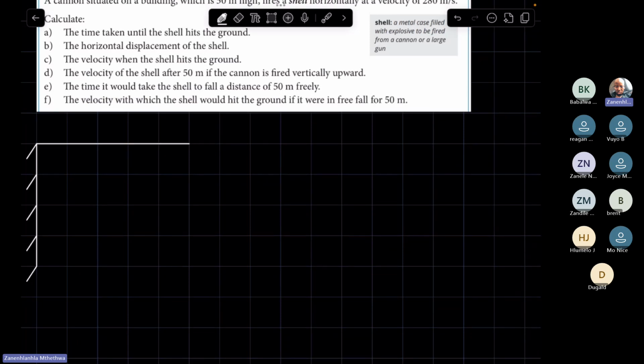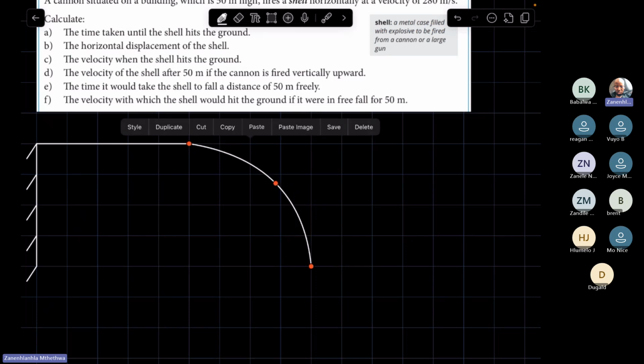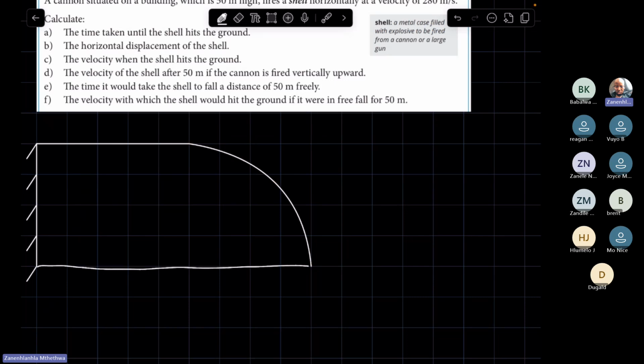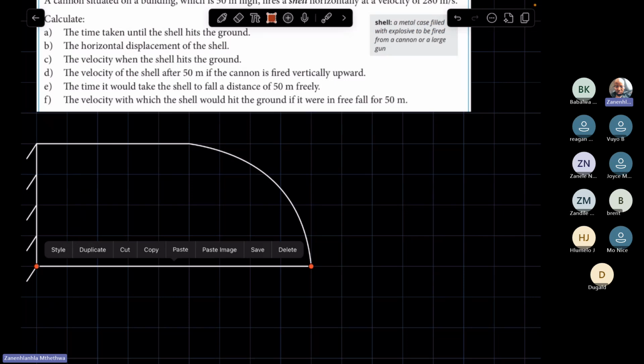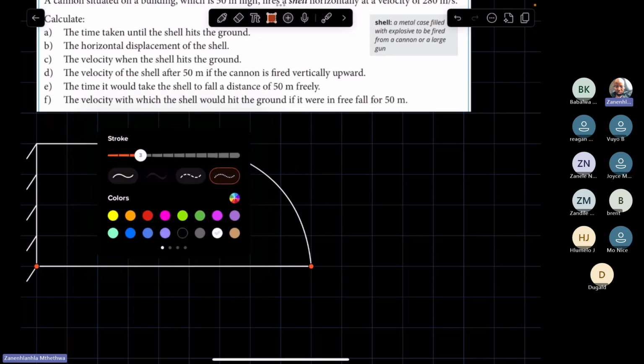All right, so this is on a building. We can take this as the destination or the ground.